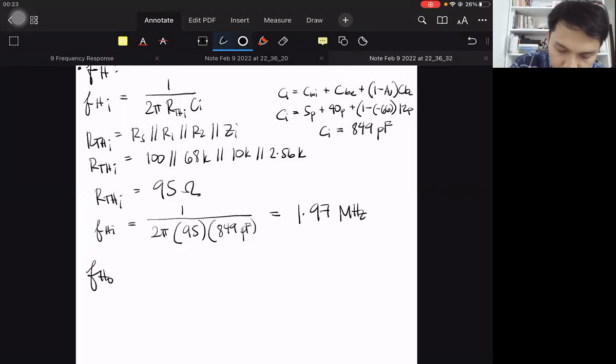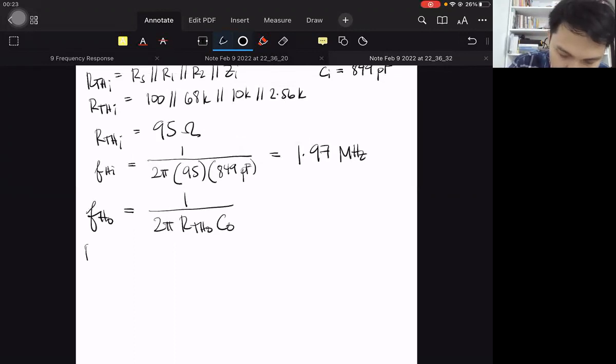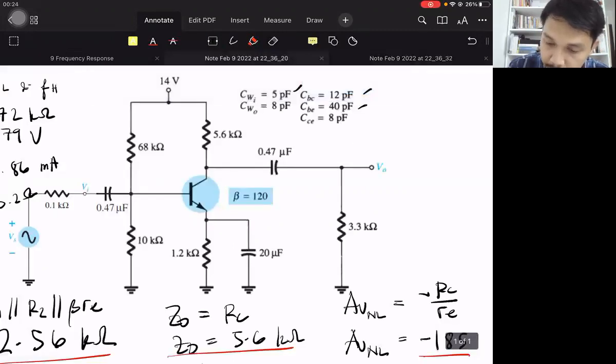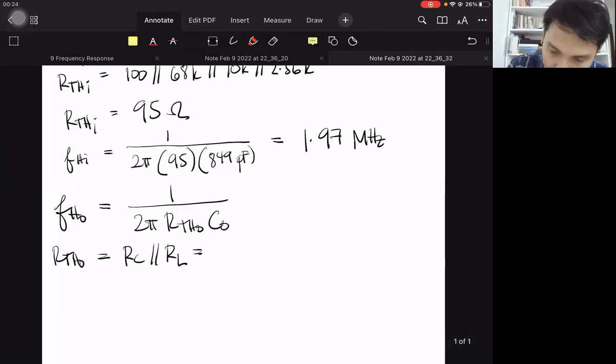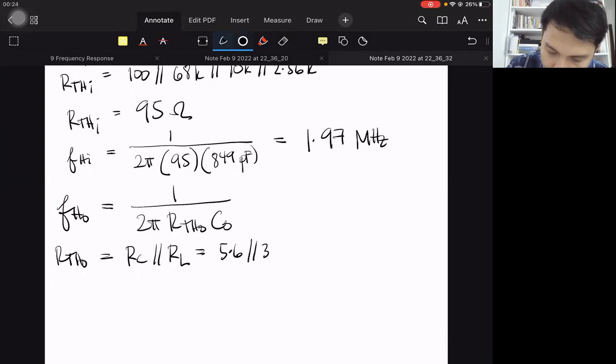FHO, the frequency response on the output side, is 1 over 2 pi RTHO CO. RTHO is RC parallel RL, with RC of 5.6K and RL of 3.3K, which gives 2.08K.